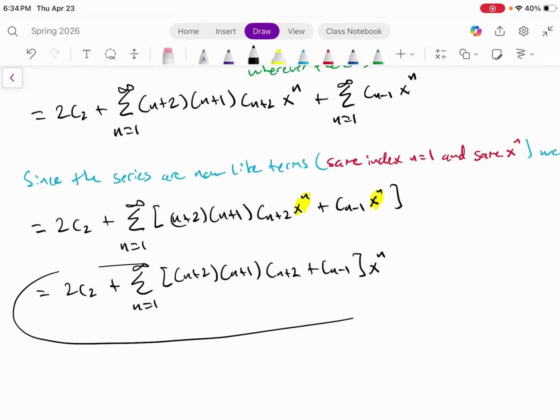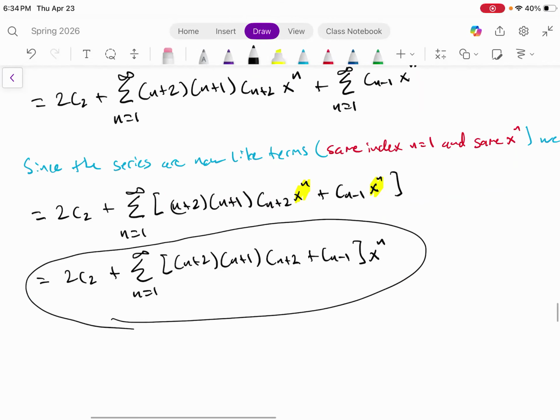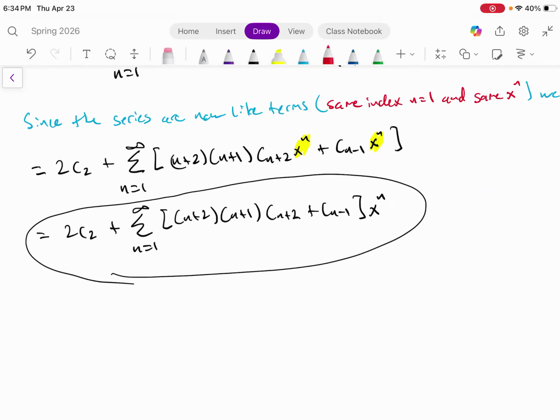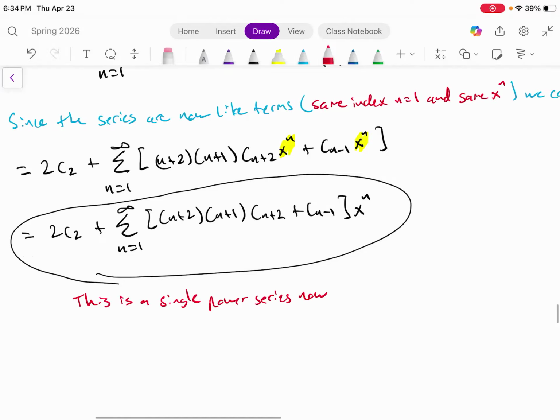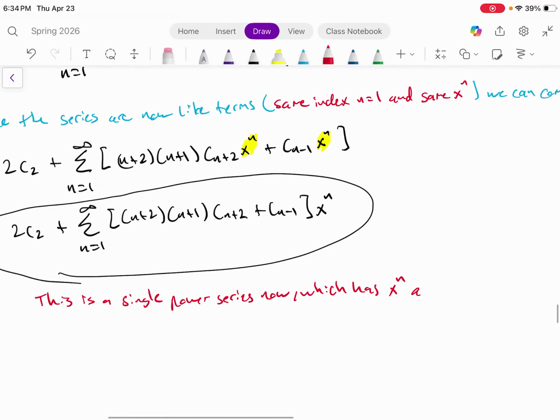And then that is our answer. So this is a single power series now, which has x to the n as the power.